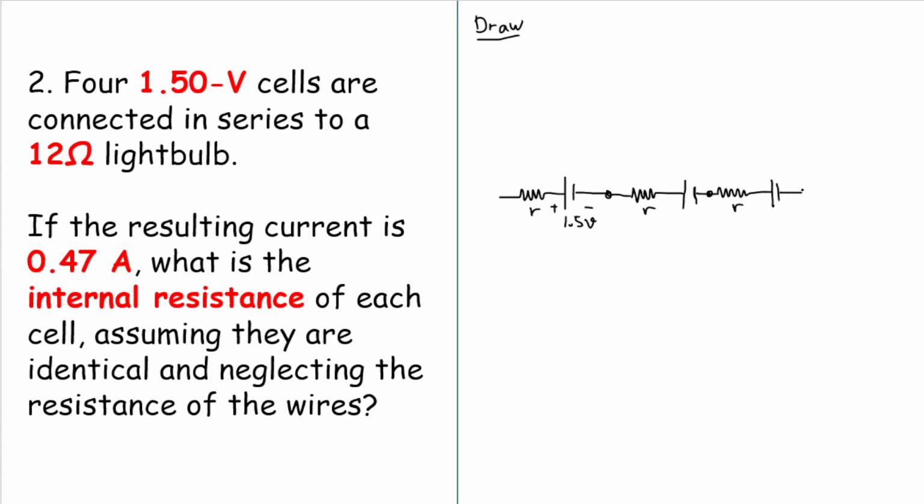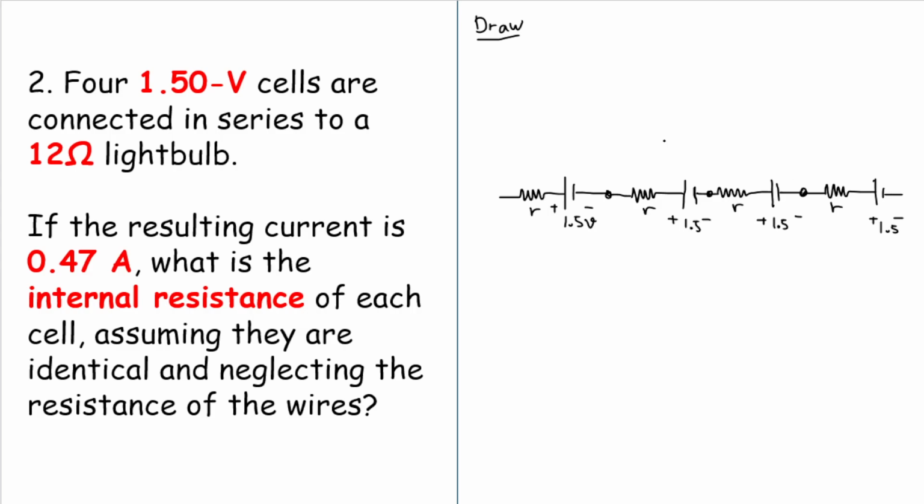And finally, we will have the fourth cell, which is small r here, with this battery here. So this one here is 1.5 volt, this one also 1.5 volt, and this one here also 1.5 volt.